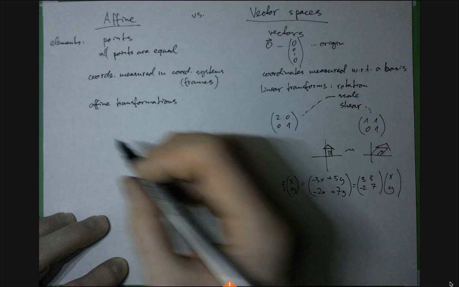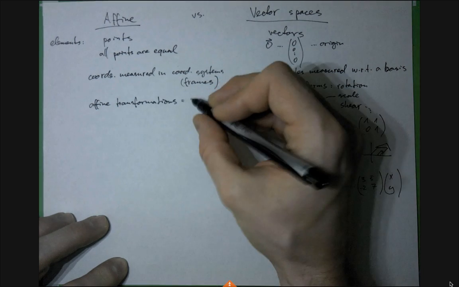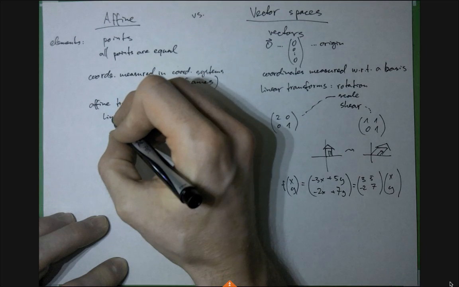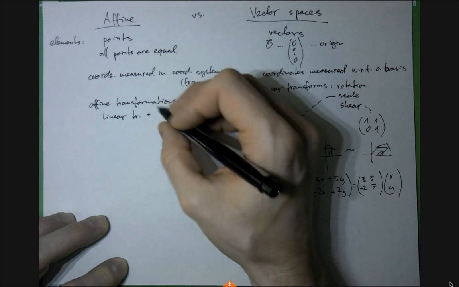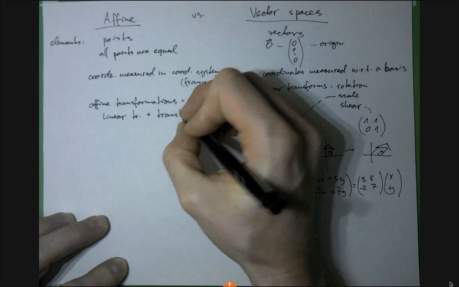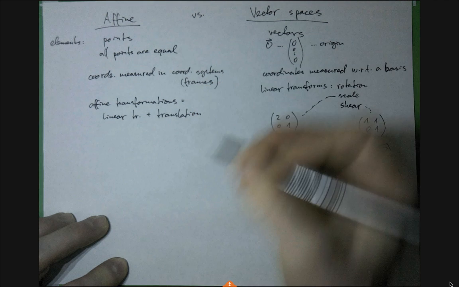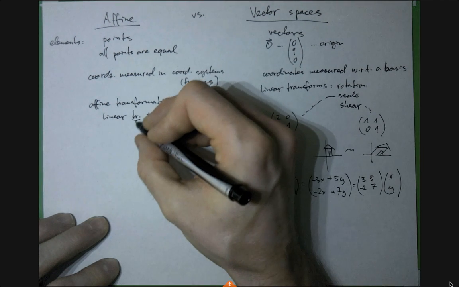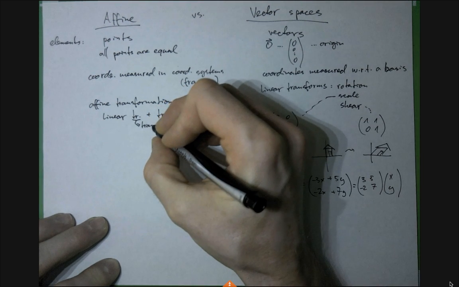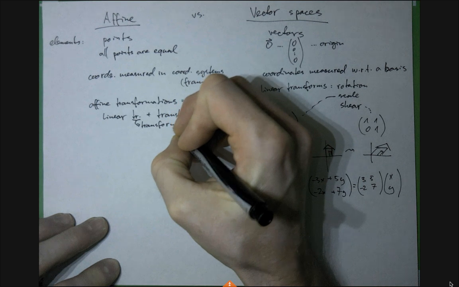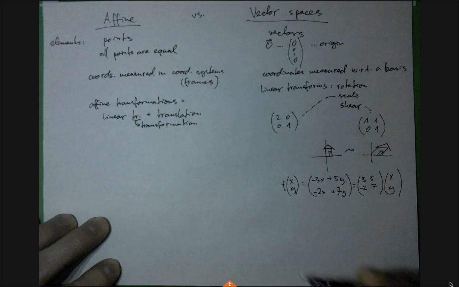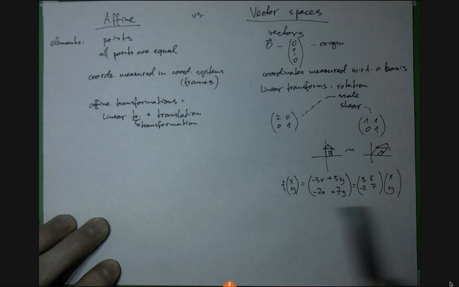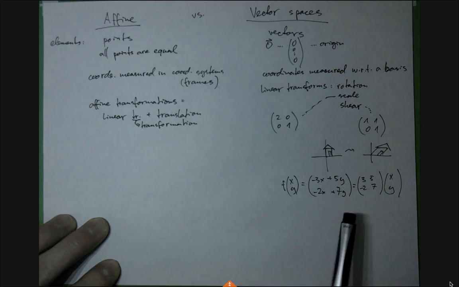An affine transformation essentially is a linear transformation plus translation. So an example, if I was going to extend this to an affine transformation, by the way, would be perfectly fine example of an affine transformation too.